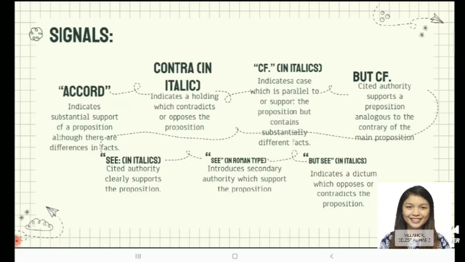We also have cf., which indicates a case which is parallel to the support of the proposition but contains substantially different facts. We also have see, where the cited authority clearly supports the proposition. See in Roman type introduces secondary authority which supports the proposition, but see in italic indicates a dictum which opposes or contradicts the proposition.